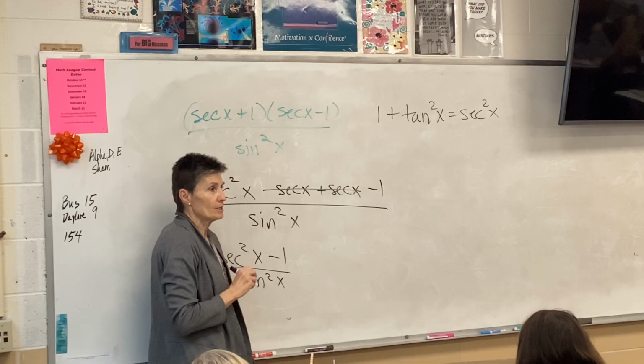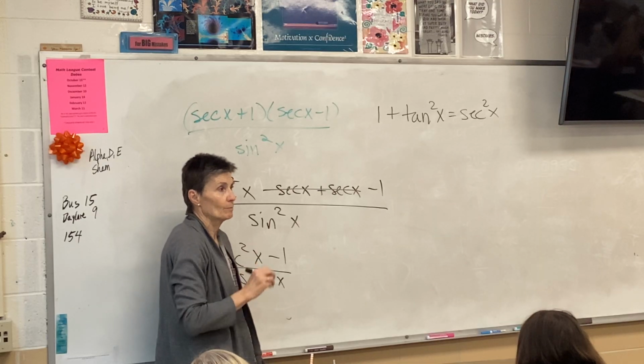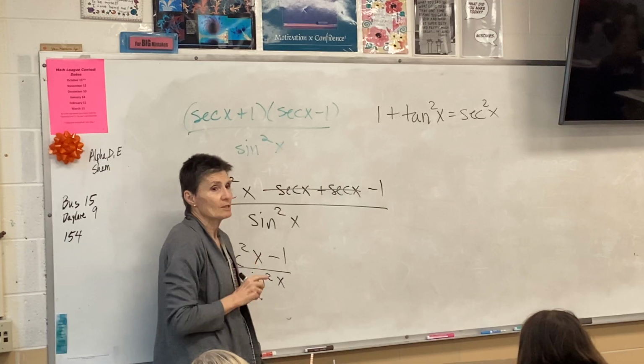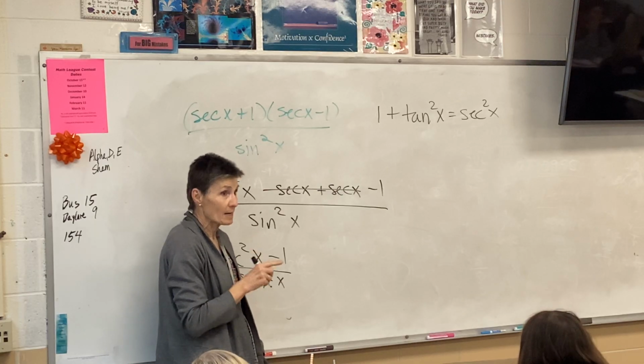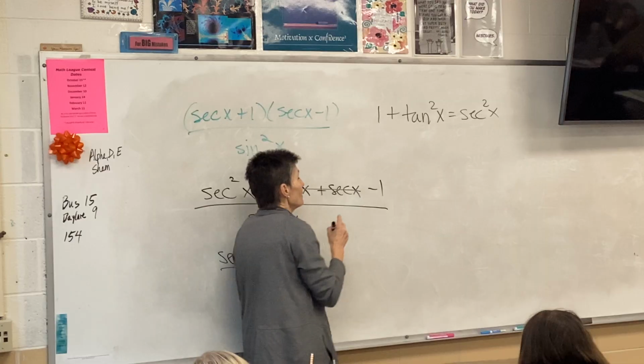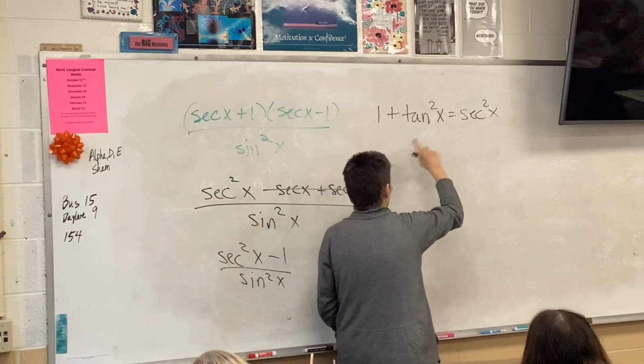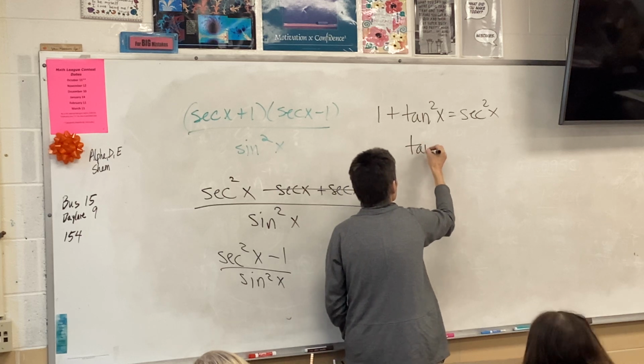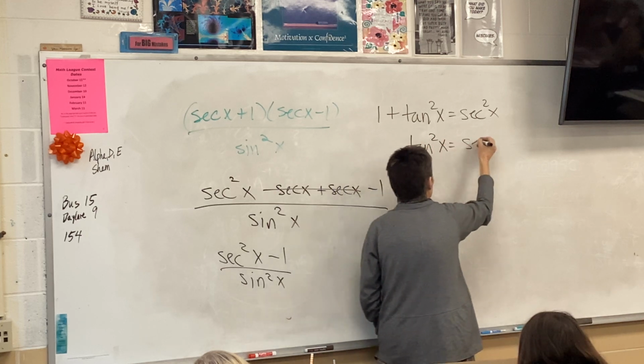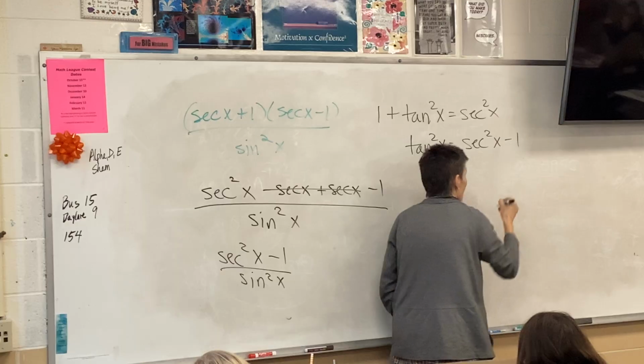Now, this colored sheet is yours, so you can write on whatever you want. I would suggest that at least now, for this first one, you write by this one, underneath it or beside it or somewhere where you can, tangent squared equals secant squared minus 1.